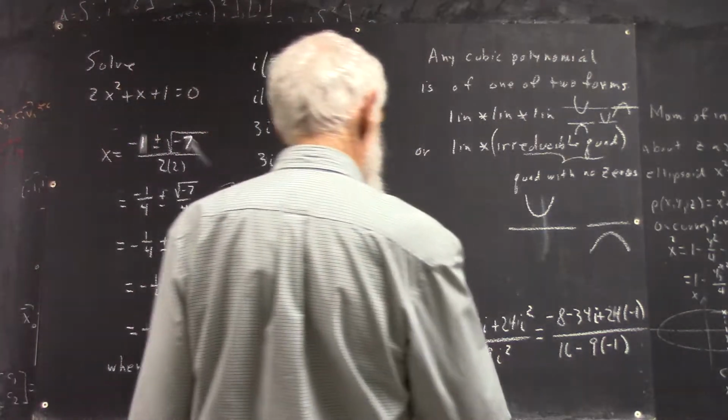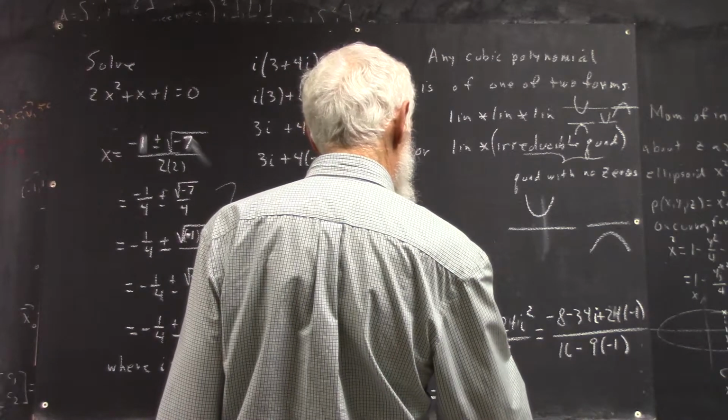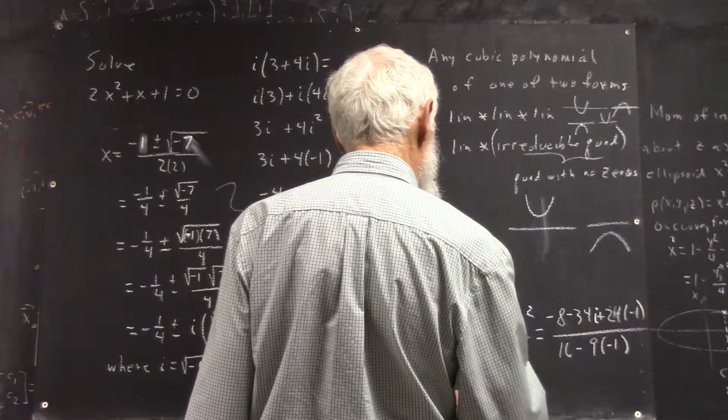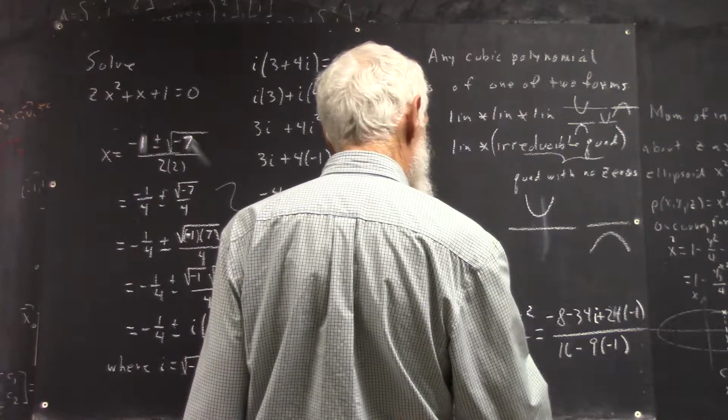And then we say that's negative 8 minus 34i minus 21 over 16 plus 9.